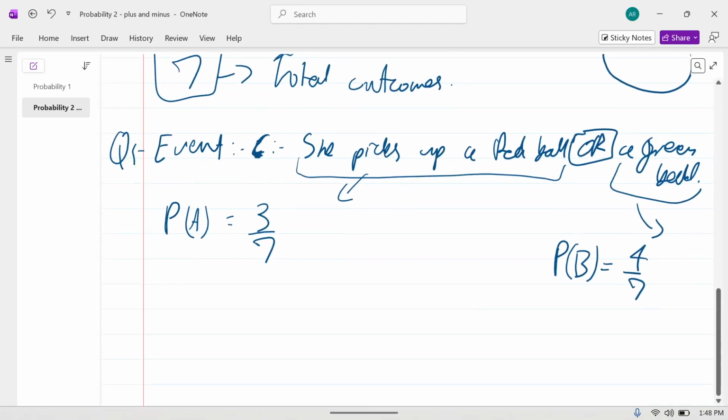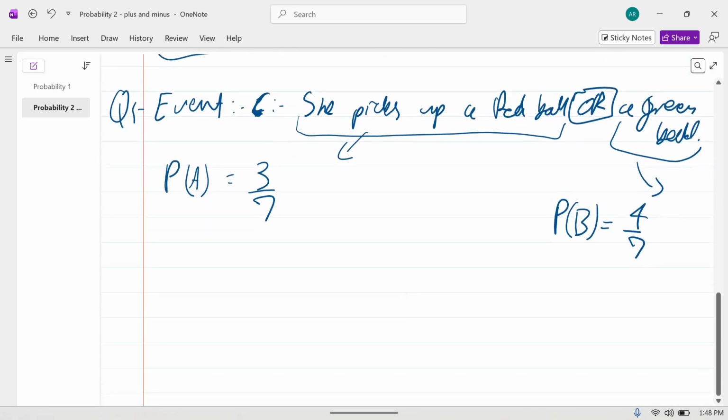Now that we had to find the probabilities of both of the conditions separately, now we are going to find the probability that she picks up a red ball or a green ball, right? So event C would just be 3 over 7 plus 4 over 7. It's literally this simple. Okay, that would be 7 over 7, which is equal to 1.